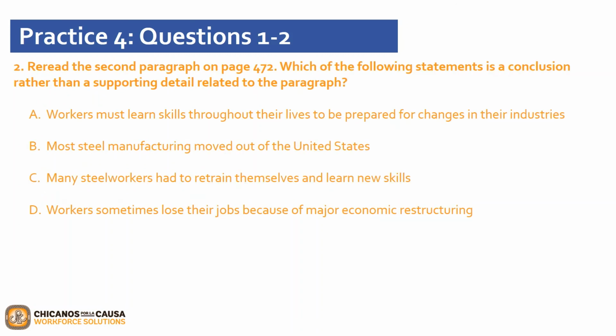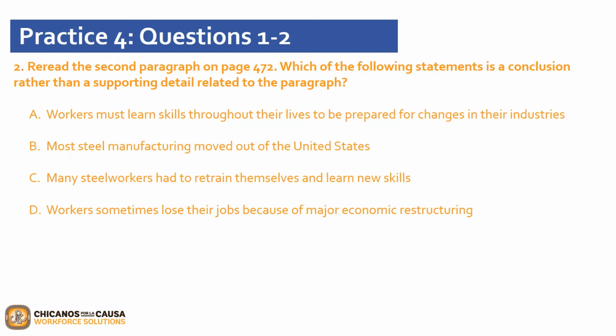All right, last practice question of our chapter. Reread the second paragraph on page 472. Which of the following statements is a conclusion rather than a supporting detail related to the paragraph?